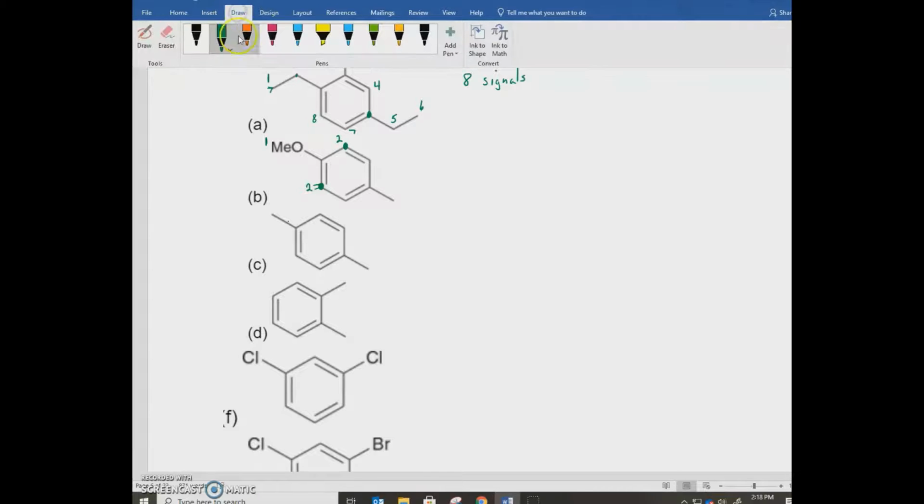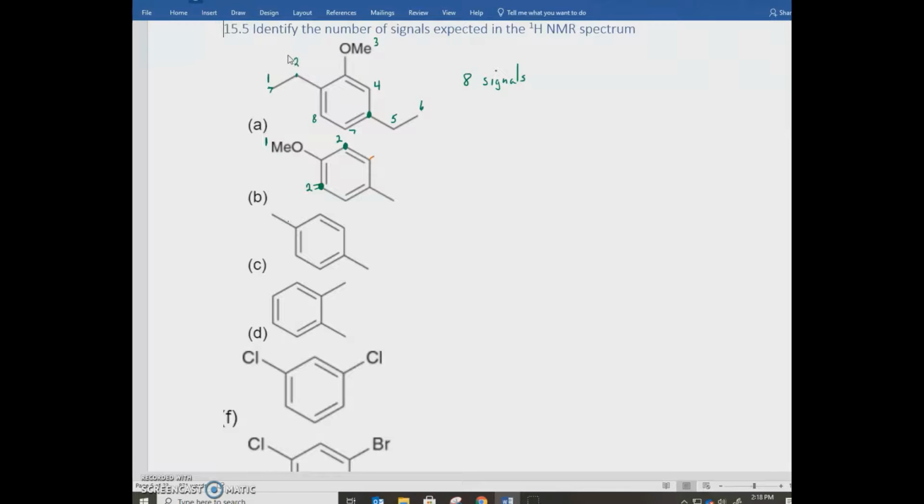These, the protons here and here, will give the same signal. There's no proton here, and there will be 3 protons at this position, and they'll give off a 4th signal. So we'll expect to have 4 different signals. I'm counting signals, not number of protons, just so you know.